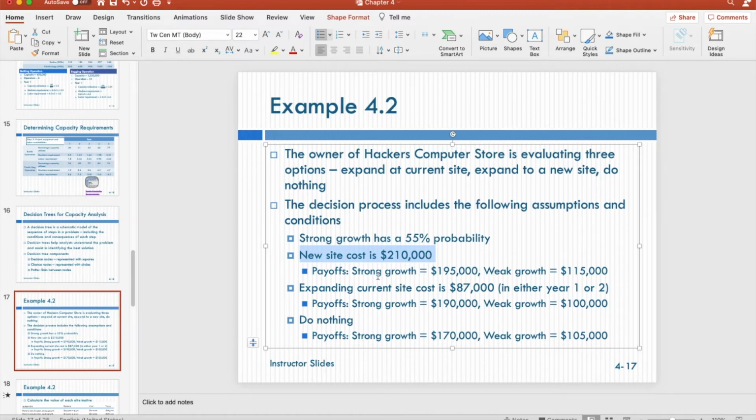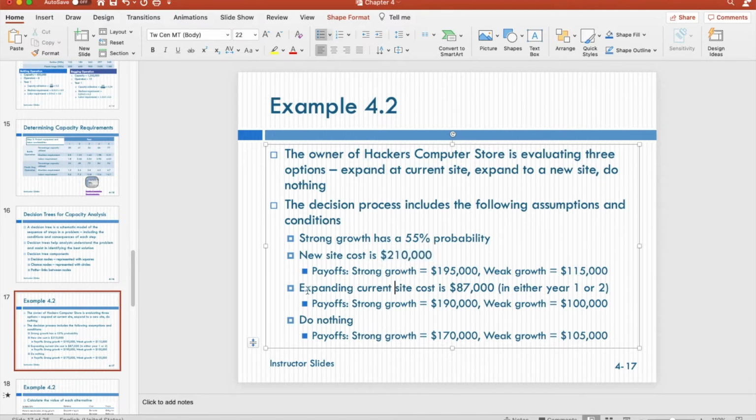Then with strong growth, the corresponding payoff would be $195,000, and with weak growth, the payoff would be $115,000. That's the payoff, or the benefit, that you will have by expanding on the new site with this cost.